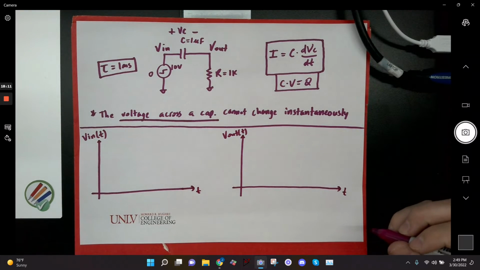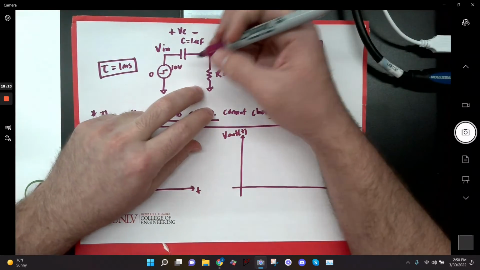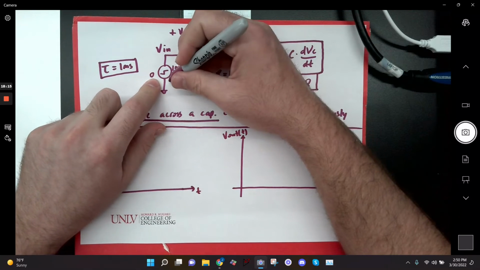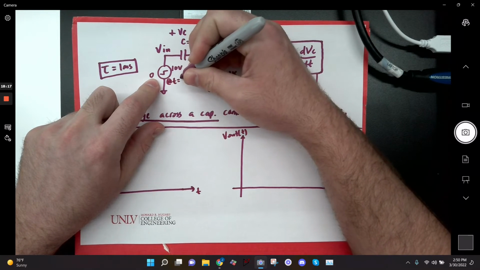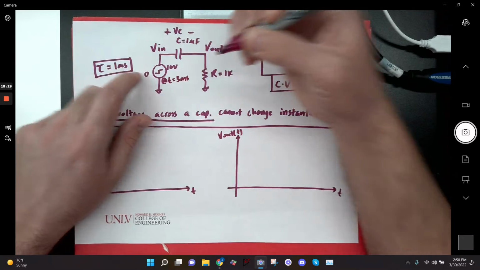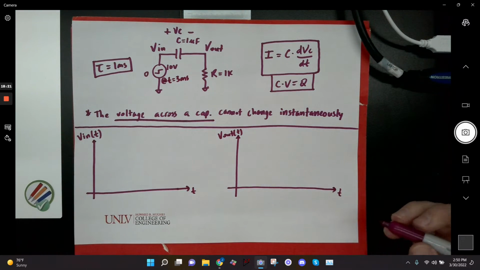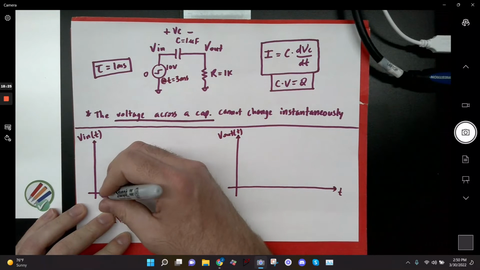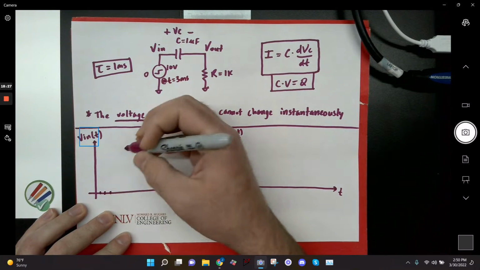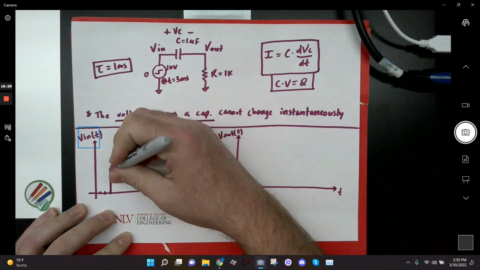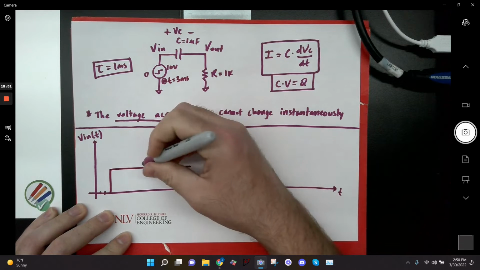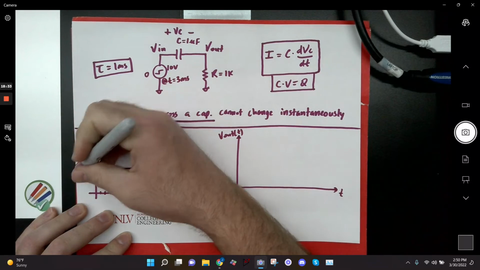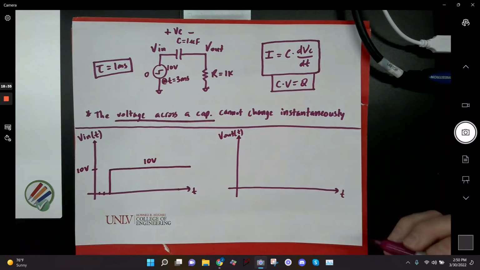Let's add a time delay of like 3 milliseconds. So let's say that this pulses from 0 to 10 at 3 milliseconds, okay? So if I were to draw my input, I'm going to go 1, 2, 3 milliseconds, and it's going to jump from 0 to 10, and it's just going to stay there, right? 10 volts. Everybody's cool with that? Okay.